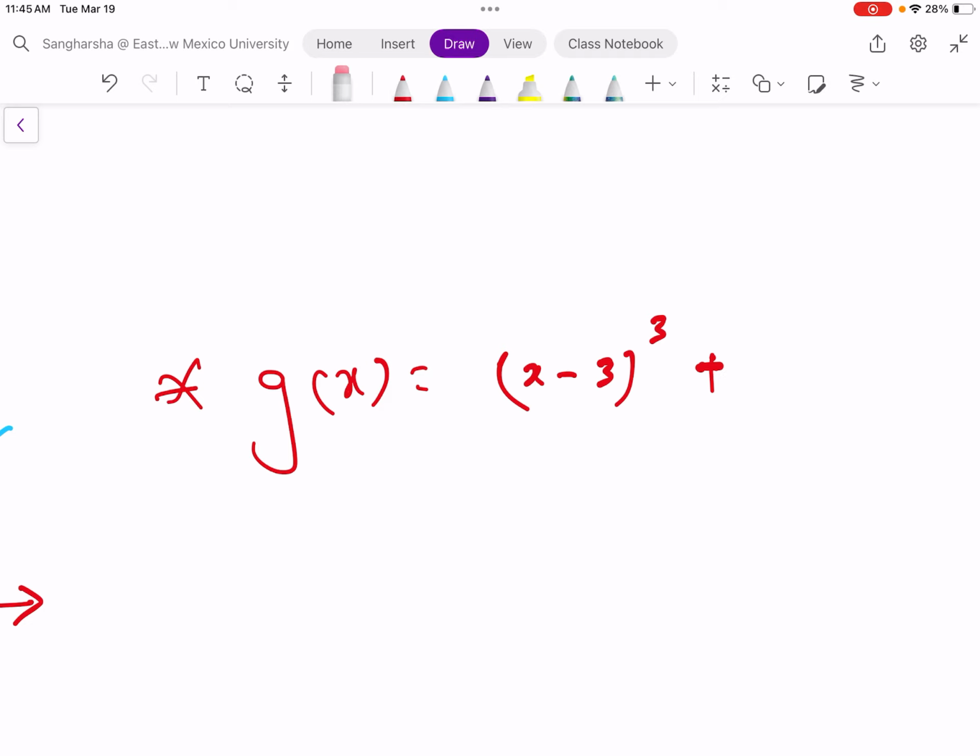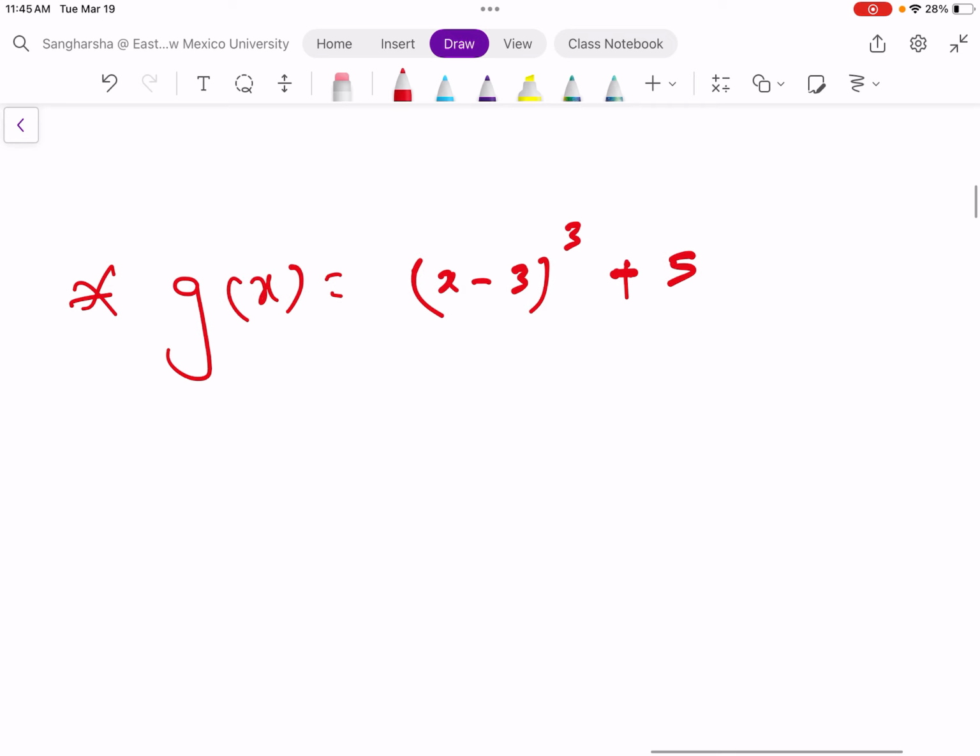We need to graph this function here, the g(x) function, which is (x − 3)³ + 5.